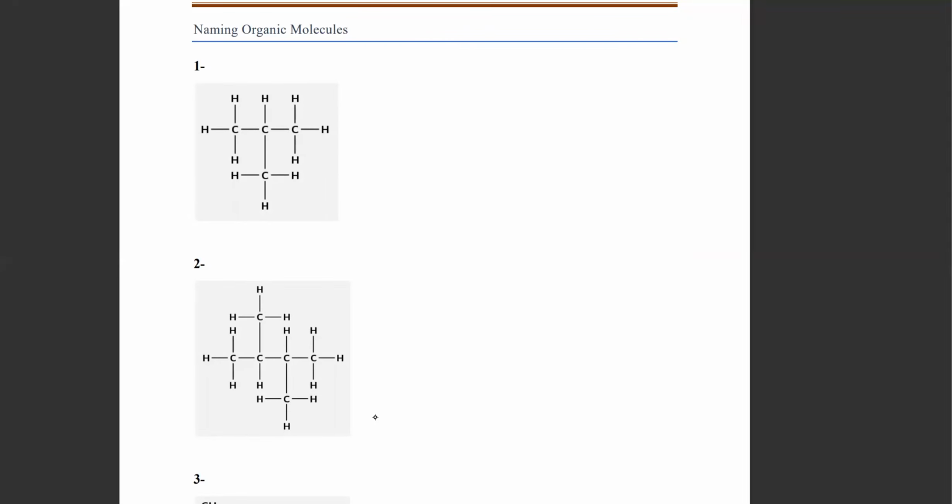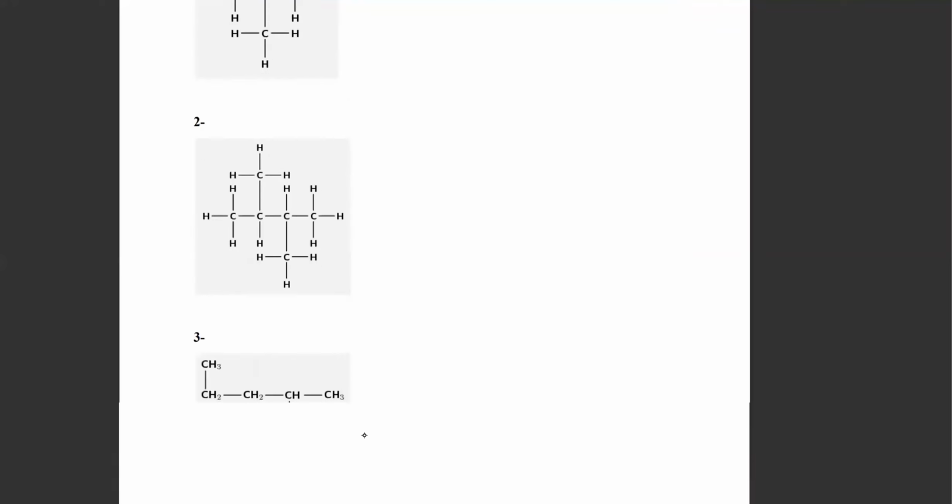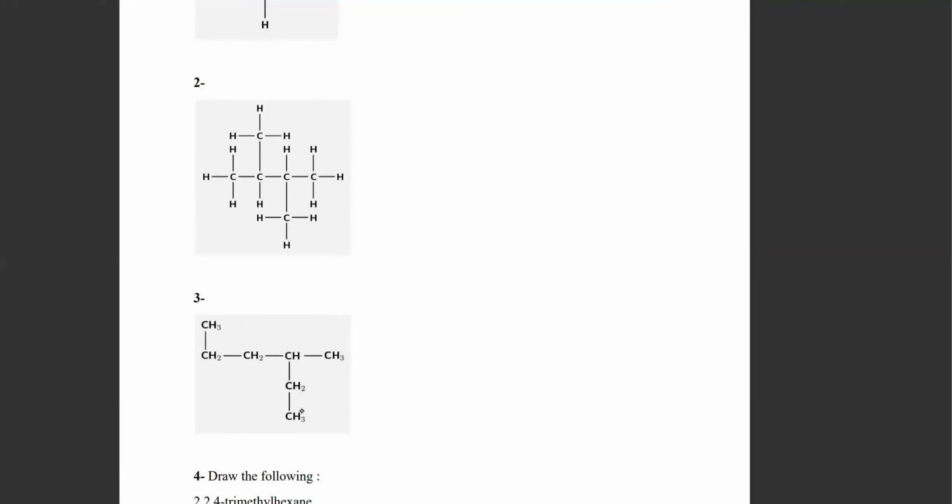So let's try and name this one. So this one over here is the longest continuous carbon atom chain. That's going to be this chain over here. And that's 1, 2, 3, 4, 5, 6. So that's an alkane. 6 carbon atoms, that's hexane.